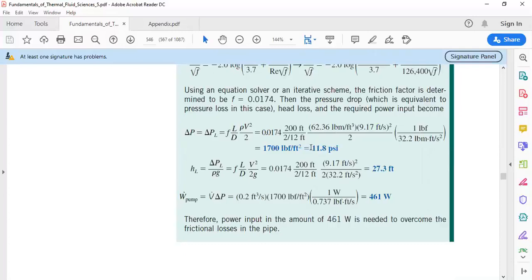Calculated, we find the value. Now the head loss is simply the pressure loss divided by the specific weight. The pumping power to compensate this loss is the volume flow rate times the pressure loss. So we calculate it as shown here.